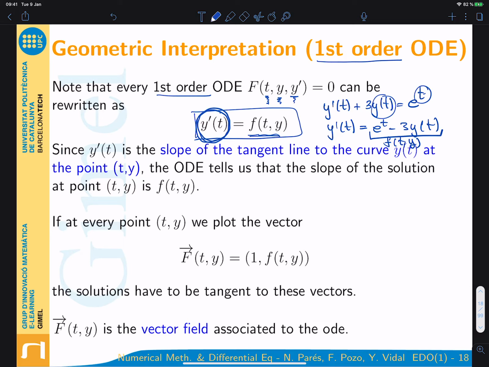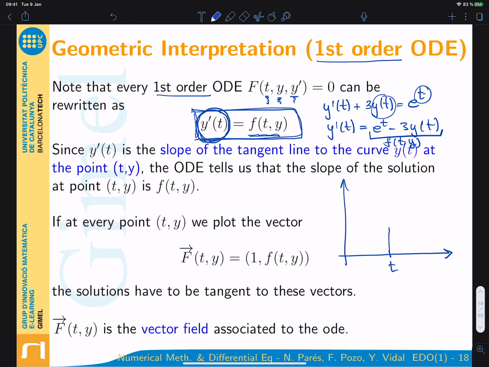Now, using this way to write down first order ODEs, we can make a very nice geometric interpretation of what an ODE is. And it's the following one. Let's say I have the time axis here. So let's say this is some point t.